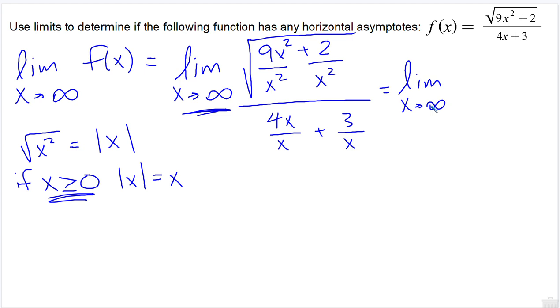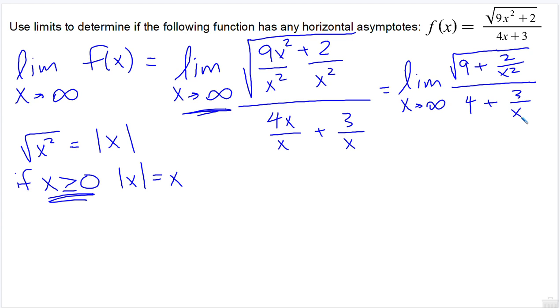So 9x squared over x squared is just 9. So I've got a square root of 9 plus 2 over x squared, and in the denominator, I've now got 4 plus 3 over x. As x goes towards infinity, 9 is just 9, but 2 over infinity squared is very close to 0.